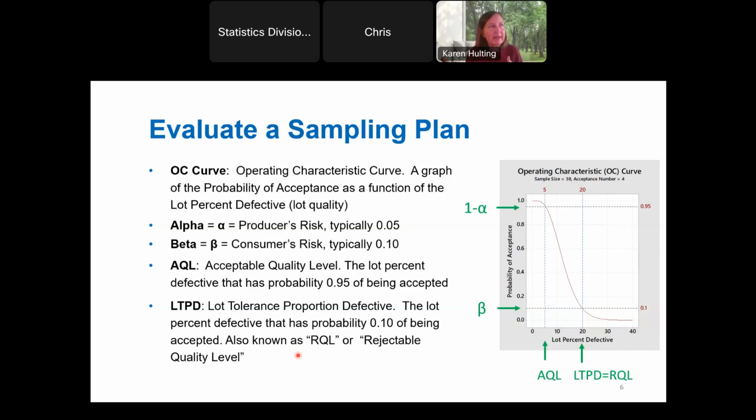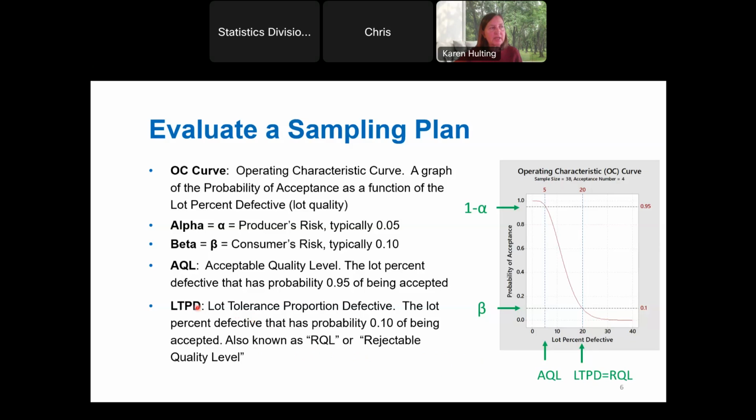We talk about that as the consumer's risk, but we're going to talk later about how I find that value is as much a producer risk as a consumer risk when you're dealing with risky products. So the LTPD is sometimes called rejectable quality level, RQL. Those two acronyms mean exactly the same thing.